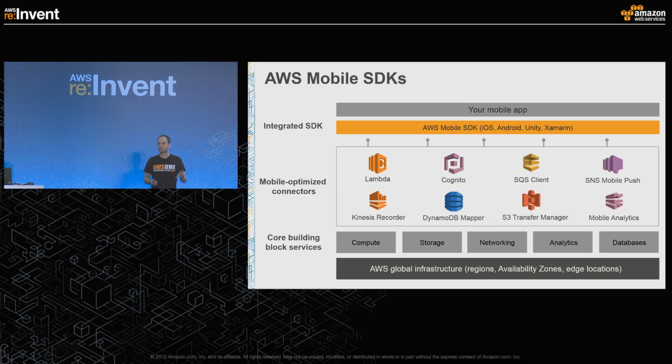Those optimized connectors do that for you. So if you use the mobile SDK and you leverage, for example, the S3 transfer utility, then we take all that heavy lift of retrying and resuming things for you, so that you can focus purely on building your application, yet leverage our services straight from the device.